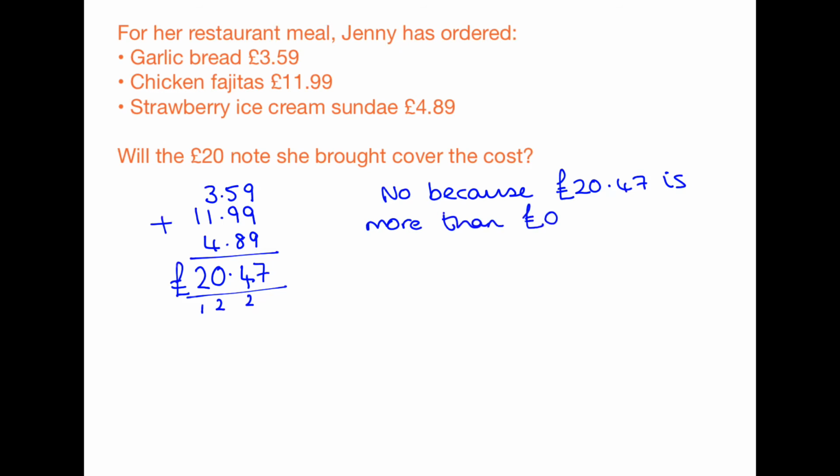So if you've got a question where the answer is going to be yes or no, you should be working something out and then you should be comparing the answer that you got to the number that they gave you in the question. So that should be part of your answer. Okay, so that's that one.